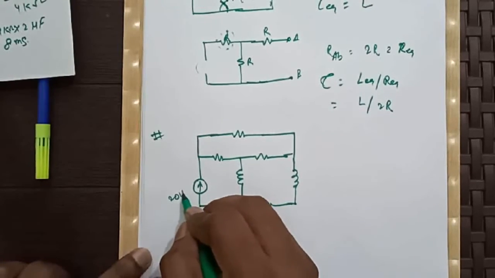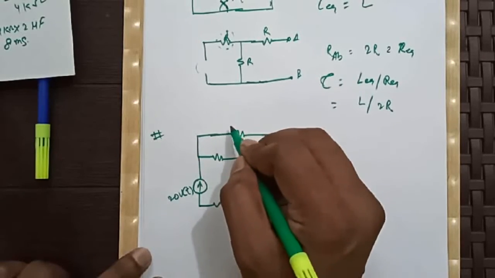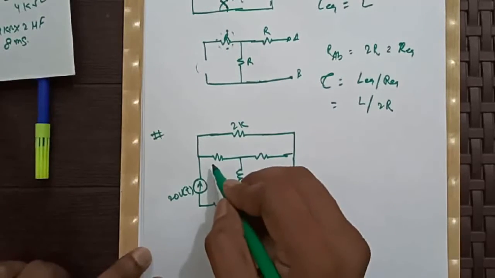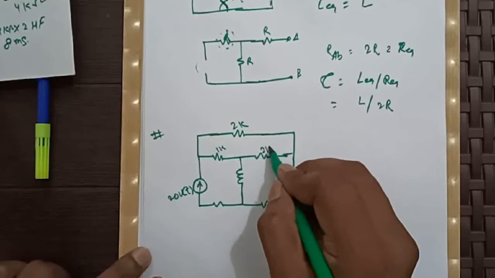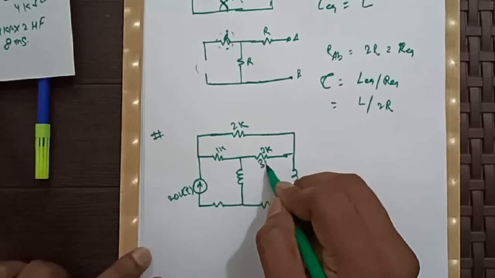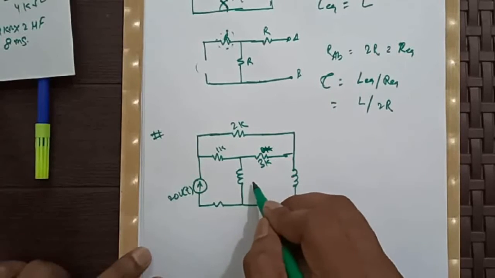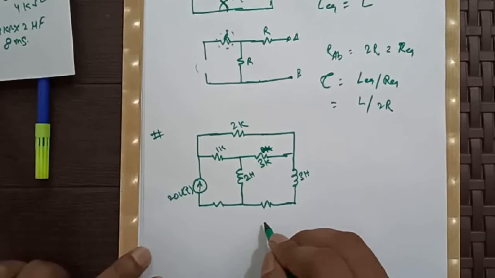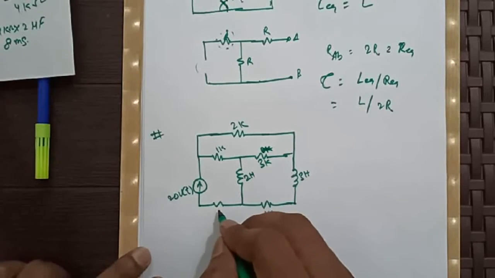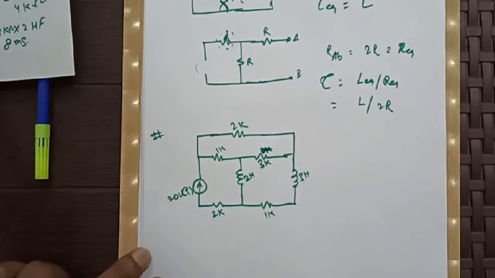Let's say this is 20 UT, this is 2K, this is 1K, this is 3K, this is 2 Henry, this is 3 Henry, this is 1K, and this is 2K.